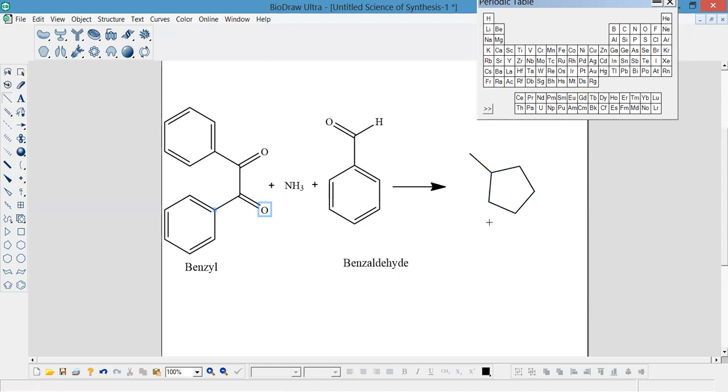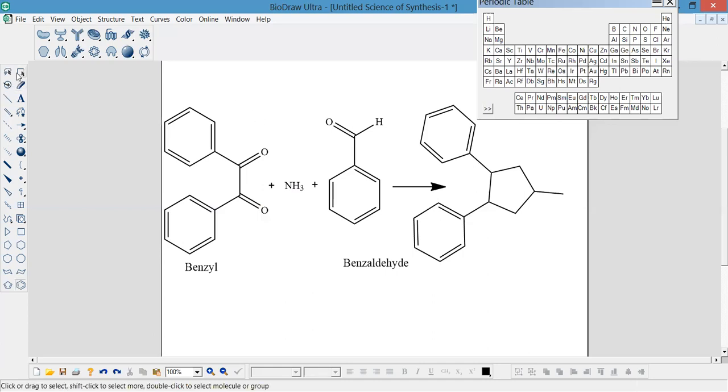Make the necessary bonds so that these two phenyl rings come from the dicarbonyl compound, the benzil. And this phenyl ring comes from benzaldehyde.